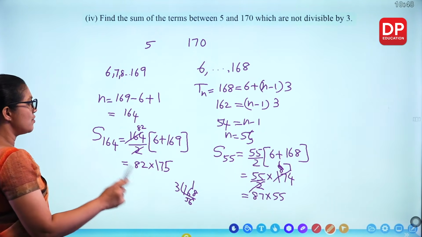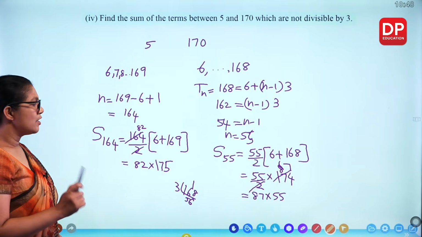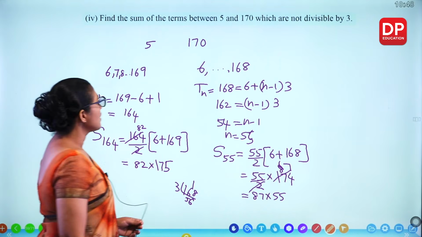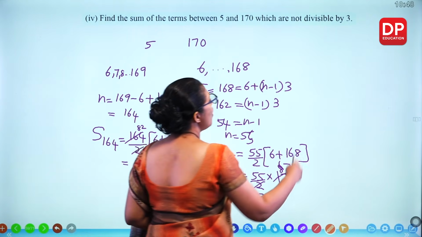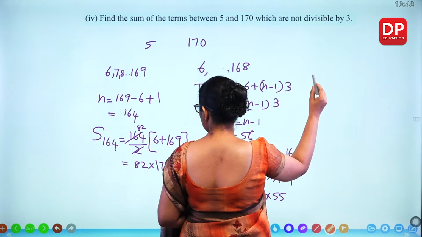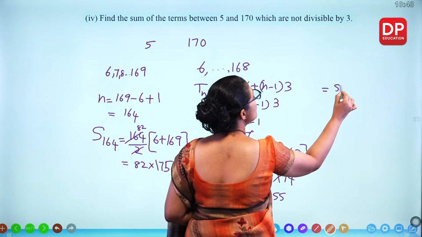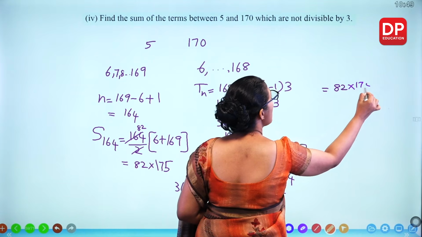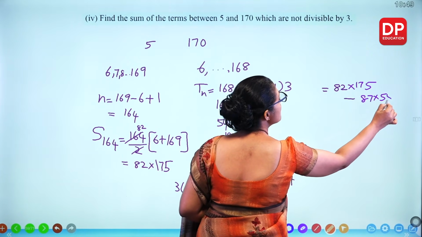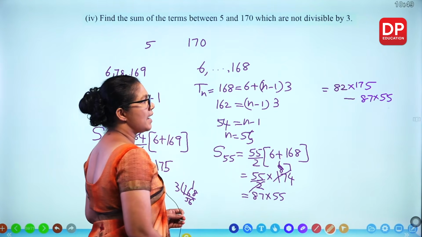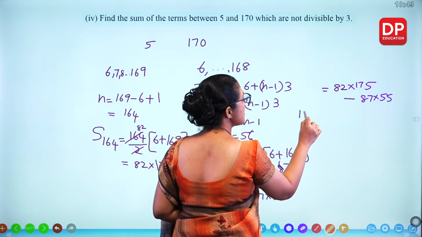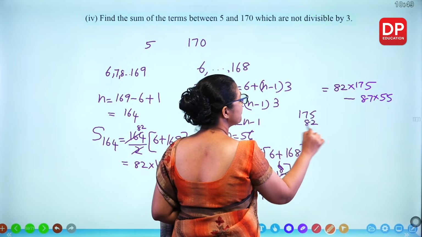So when you take the subtraction, you get the sum. So we'll do the calculation. The sum of all numbers not divisible by 3 is 82 times 175 minus 87 times 55. So we'll multiply and subtract. 175 times 82.